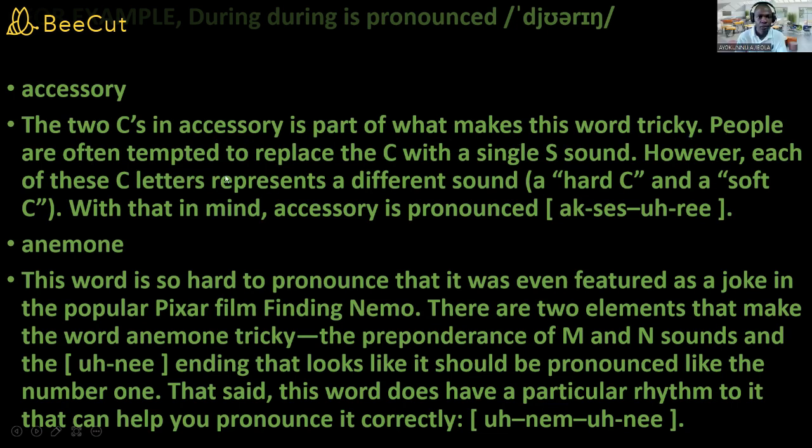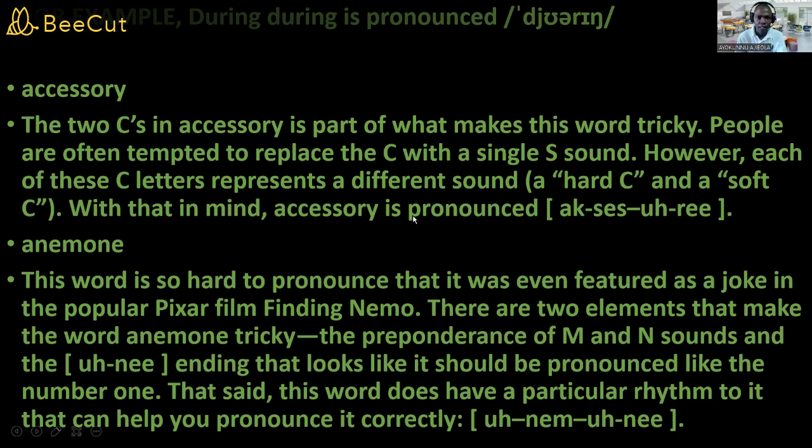People are often tempted to replace the C with a single sound S. However, each of these C letters represents different sounds. A hard C and a soft C. Do you get that? Yes. Yes, a hard C and a soft C.